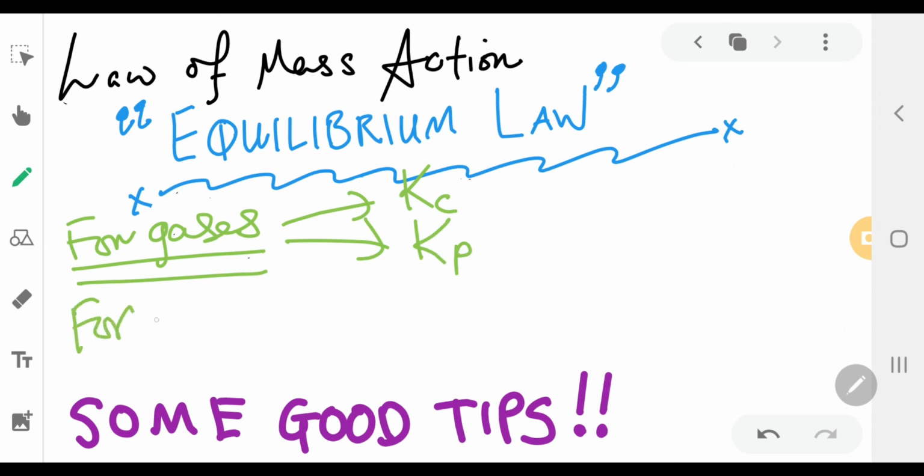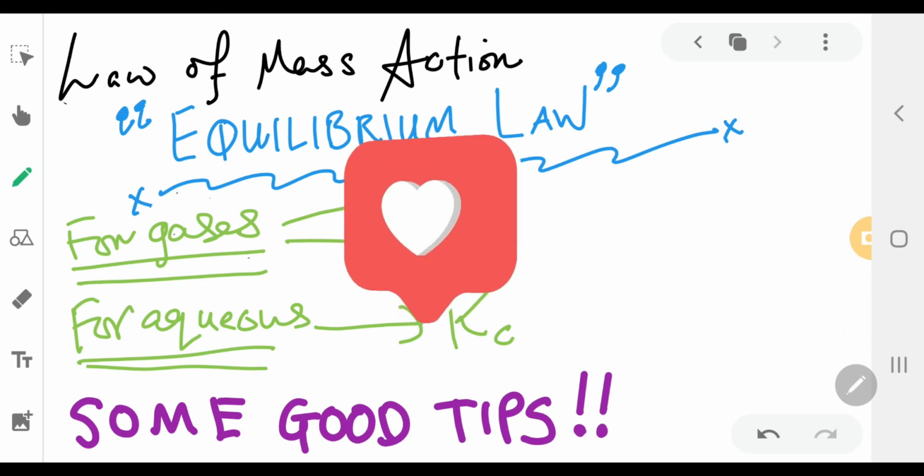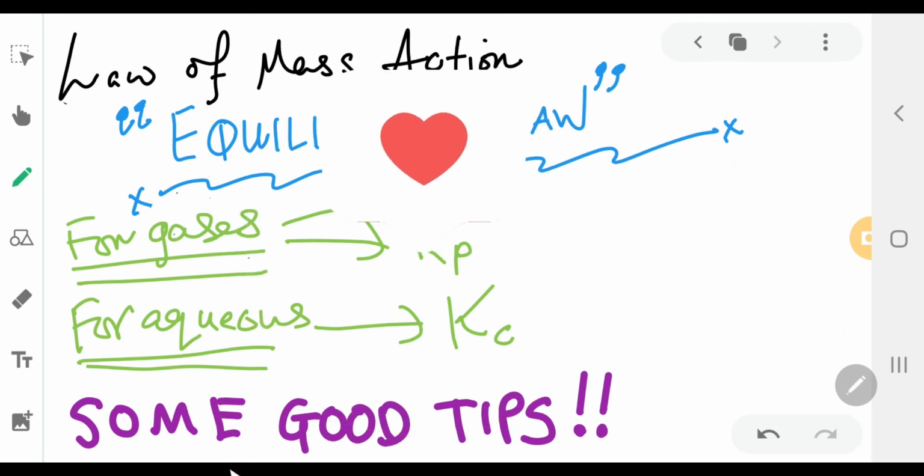But for aqueous, you are only going to involve that in Kc. You do not have that in pressure. Remember, when you learn about ideal gas, PV equals nRT, only gas is where we're going to consider the pressure. Okay? So we don't take the pressure of the aqueous reactant nor the aqueous products. That is a very good tip.